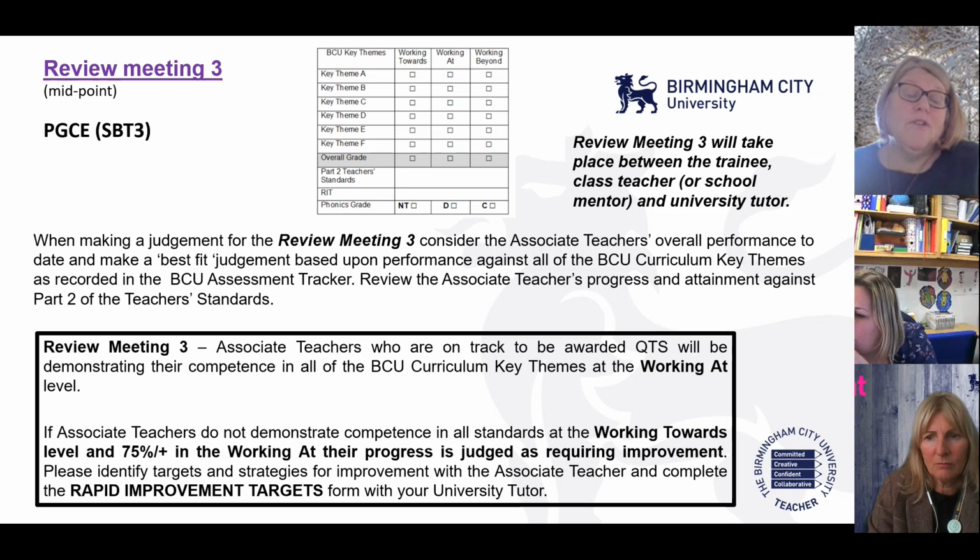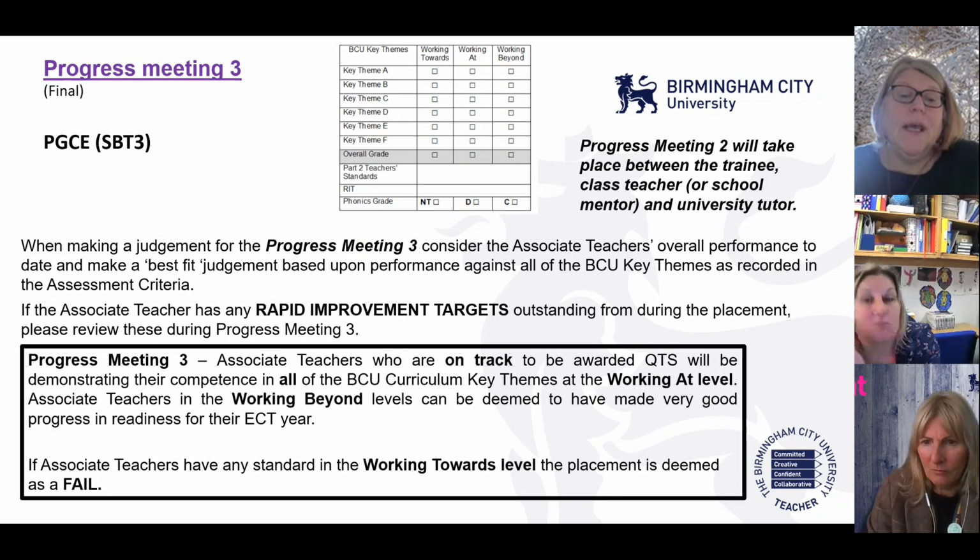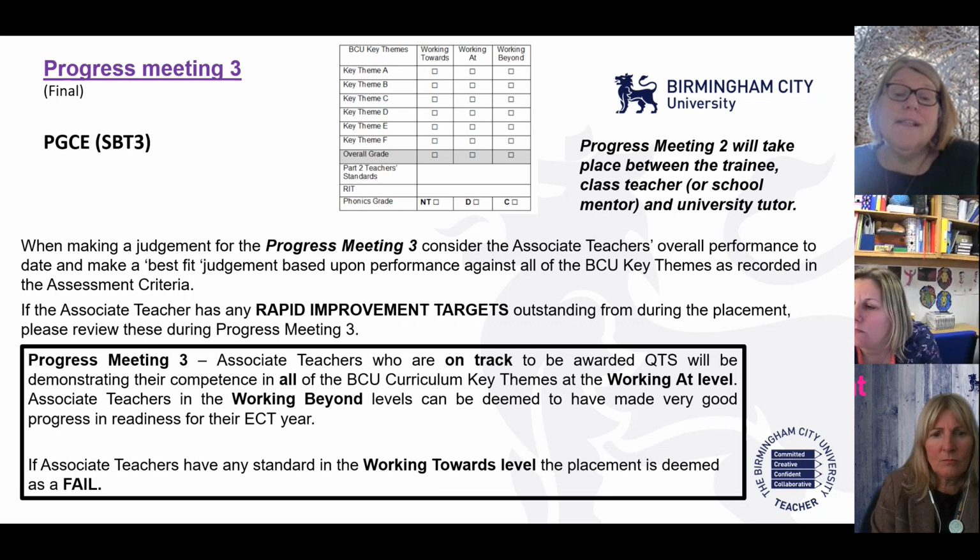And again, if they do not demonstrate all of that in the working towards, and at least 75% in the working at, their progress is judged as requiring improvement. Again, a rapid improvement target will be put into place to support them as we go through towards the final progress meeting 3, where we would expect all of the working at and working beyond, and they can be deemed to have made very good progress in readiness for their ECT year.